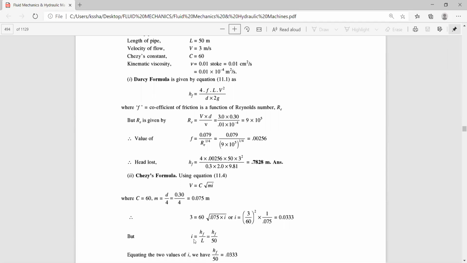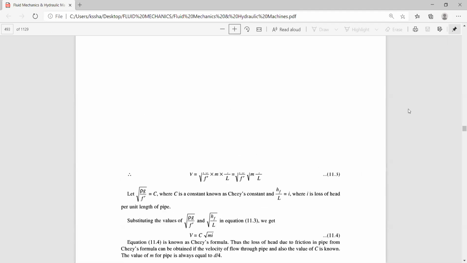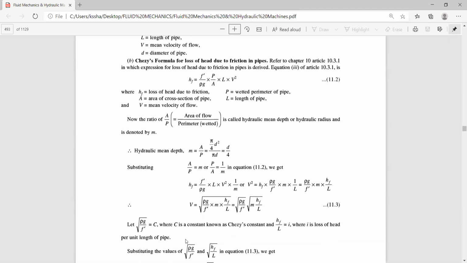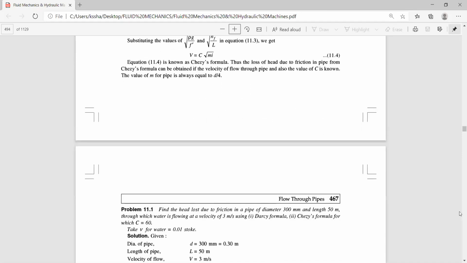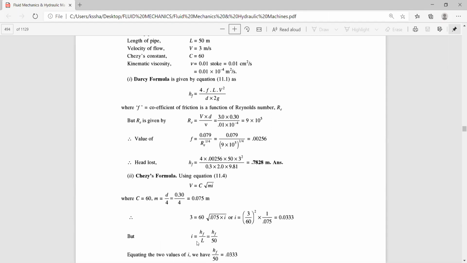Now i is equal to hf by L. This formula also you have to remember. From your Chezy's equation, what we come across, your i is equal to hf divided by length of pipe. So using this formula, i is equal to hf by L, with L given as 50. So you have two equations for i.